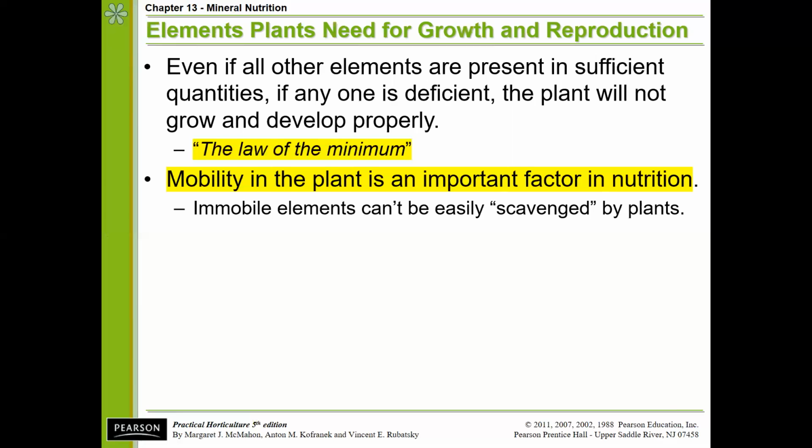What the book kind of refers to as scavenging these elements. Can't do that with immobile elements. And that's really an important thing to look at in terms of nutrient deficiencies. If an element is mobile, then you'll see a deficiency in the older leaves. If it's immobile, then you'll see the deficiency in the younger leaves.